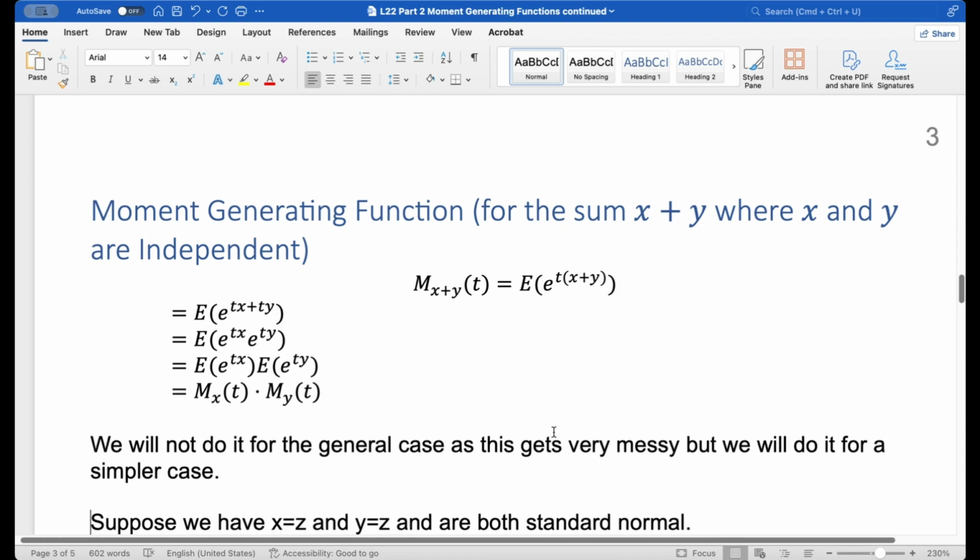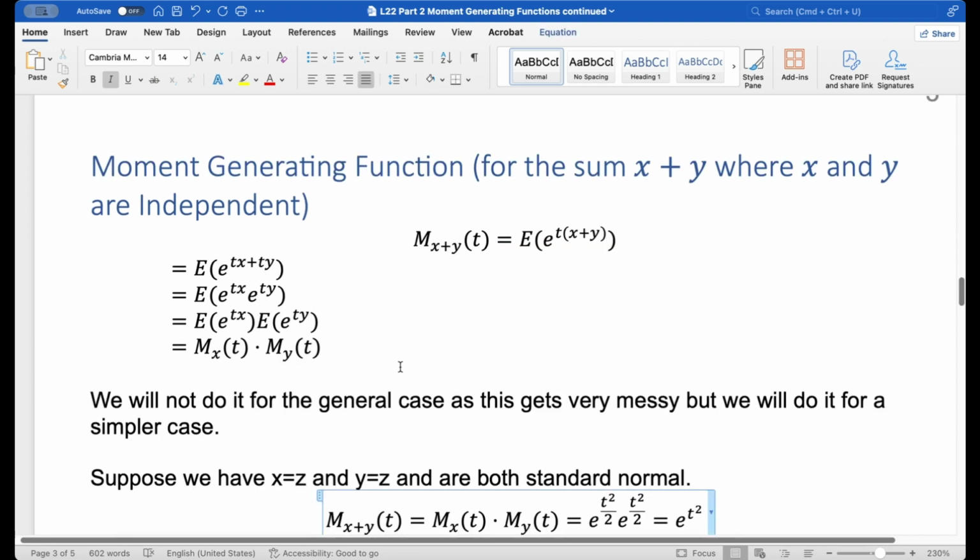We can do those expected values individually, and we get the product of the moment generating functions: moment generating function of x times moment generating function of y. So one of the useful properties here is that the moment generating function works nicely for the sum of independent random variables. The moment generating function of the sum is the product of the moment generating functions of the individual variables.